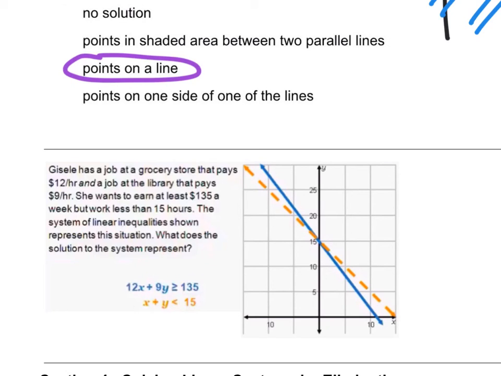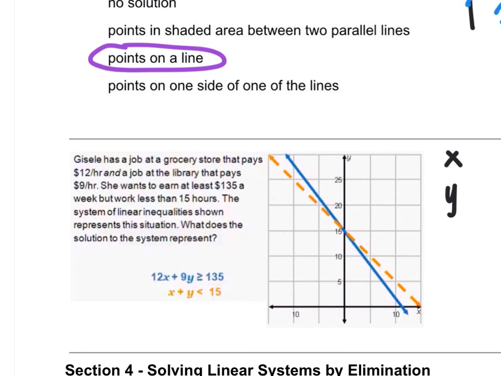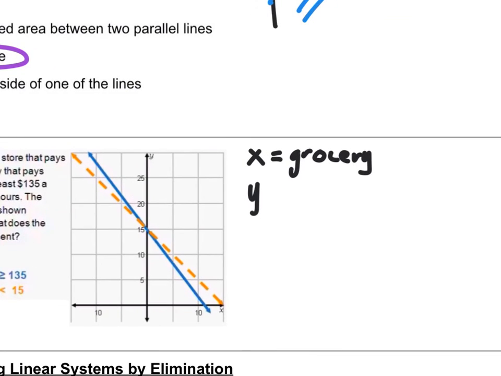So, first of all, let's identify what x is and what y is. X is attached to the 12, it's next to the 12. That's the number of hours at the grocery store, so x is equal to grocery store hours. Y is attached to the 9, so that is the library hours.